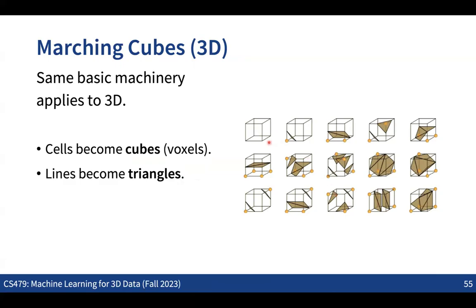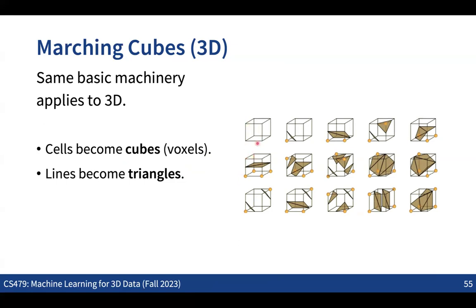And after grouping, we could see 4 equivalent groups, right? In the 3D case, now we have 256 cases because we have 8 corner points, and each corner point is either inside or outside. So it should be 2 to the 8, 256 cases.